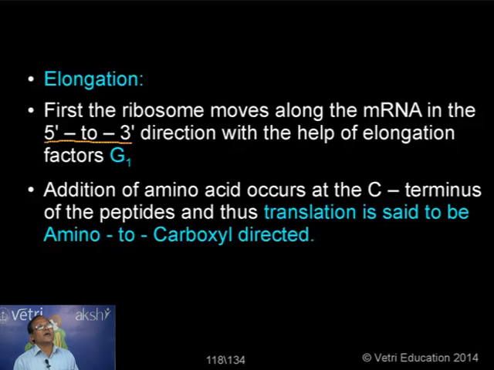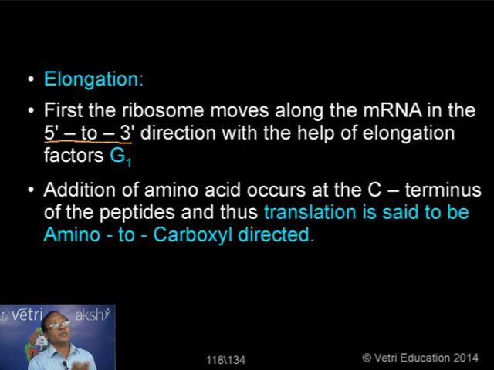Normally the amino acids are added to the C terminus, not at the N terminus. So at the N terminus we have methionine. The first amino acid is added to the methionine, and all the amino acids are added one after another to the C terminus of the polypeptide chain. So we can say translation is said to be amino to carboxyl directed.